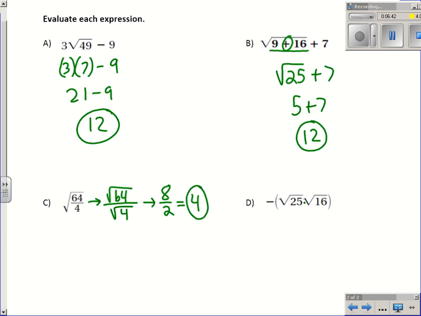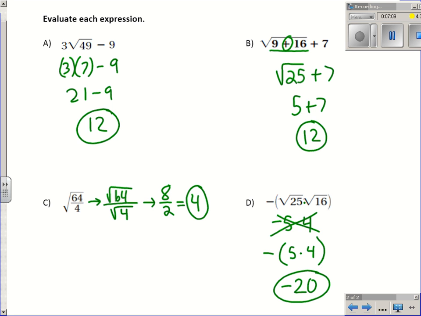So if you think we're going to do negative 5 times 4, we're actually wrong. And that negative is going to stay outside the parentheses. And we do the square root of 25, which is 5, times the square root of 16, which is 4. 5 times 4 is 20, and then that negative sign comes down with it and stays attached, and you get negative 20 for an answer.